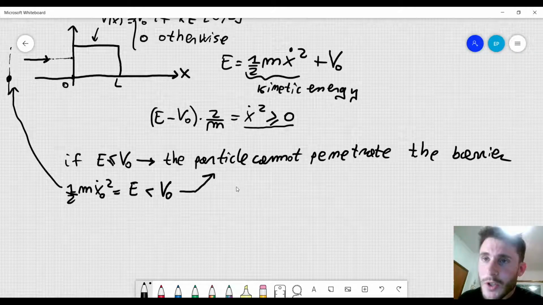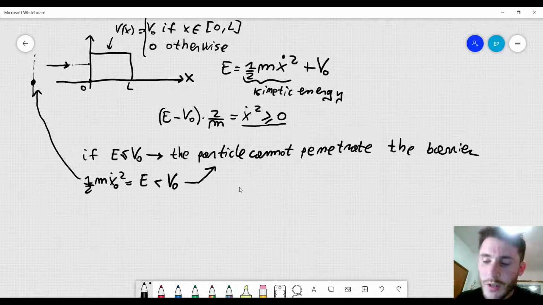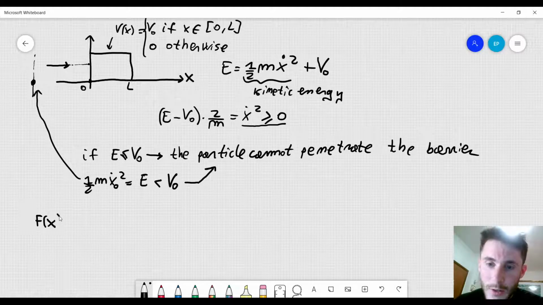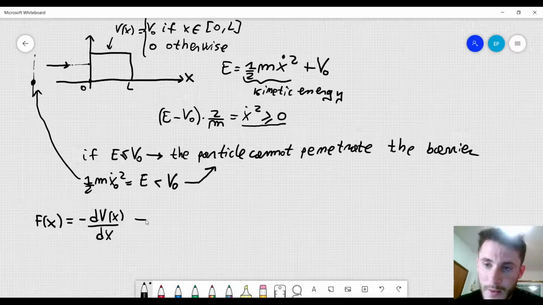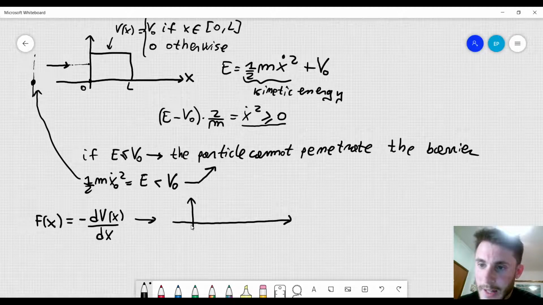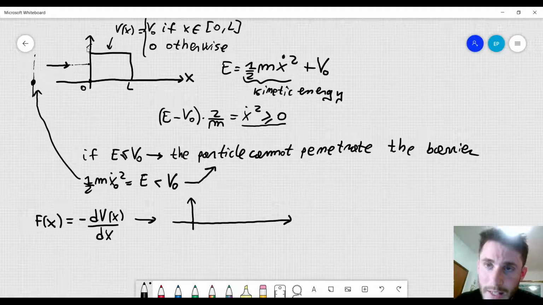Now, if you want to understand the situation in terms of forces, we know that the force, which depends in general on the position, will be equal to minus the derivative of the potential energy with respect to x. And now if you draw the forces on the system there, we have something like this. When we take the derivative of a constant, we will get 0, but we have to be careful when we take the derivative at x equal to 0 and at x equal to L, because there we have a discontinuity, okay?